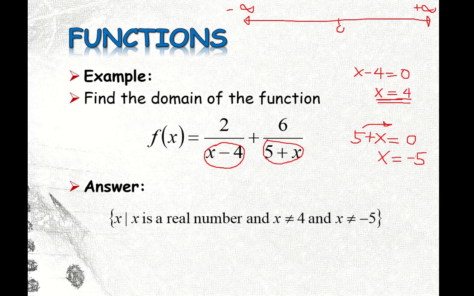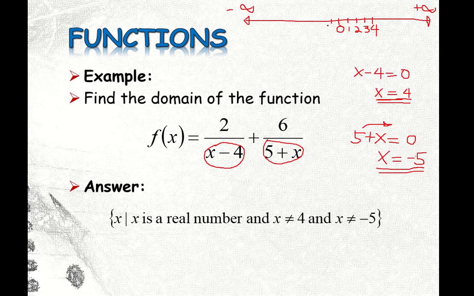so assuming this is the 0 of the number line, we have positive 4: 1, 2, 3, and we have 4. And then we have negative 5 on the left side of 0.